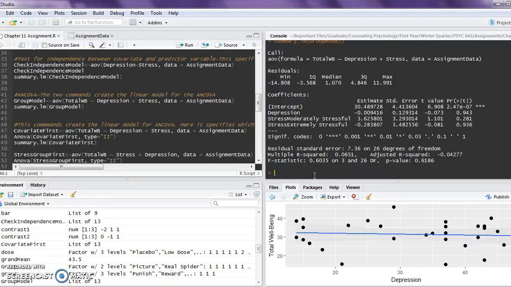So that means that when you include depression into the analysis, there's more unexplained variance. So there's a lot more things that we have to take into consideration when accounting for stress and when accounting for depression for this procedure.